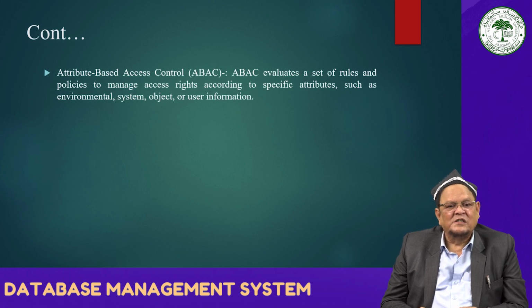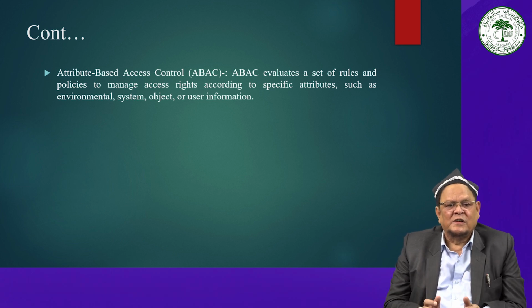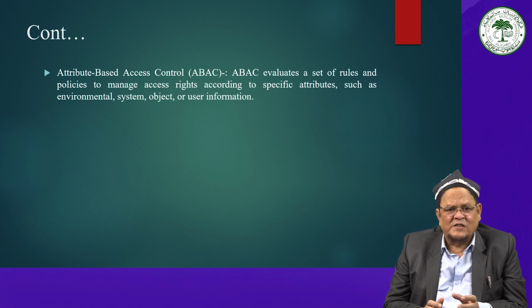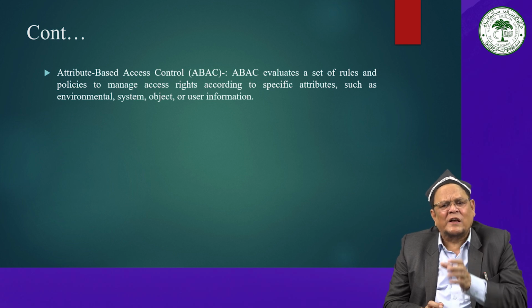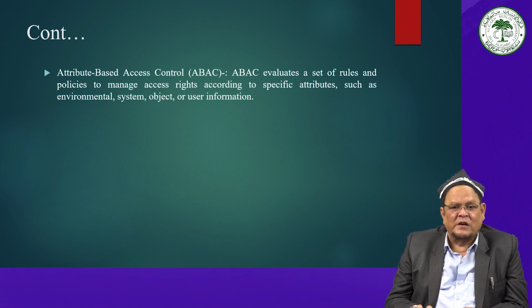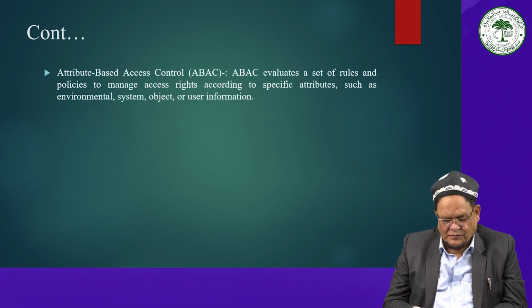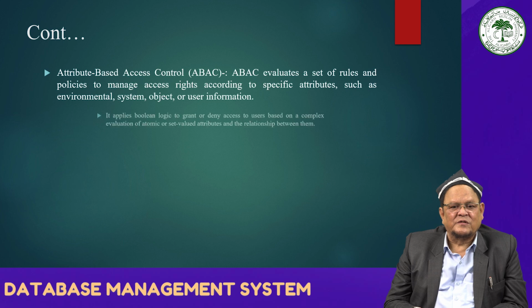The next is attribute-based access control. Role-based, here the attribute-based access system. Attribute-based access control evaluates a set of rules and policies to manage access rights according to specific attributes such as environmental, system, object, and user information. On the basis of that, it manages the access rights depending on the attributes.